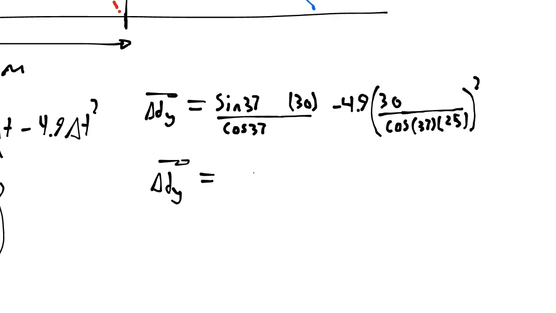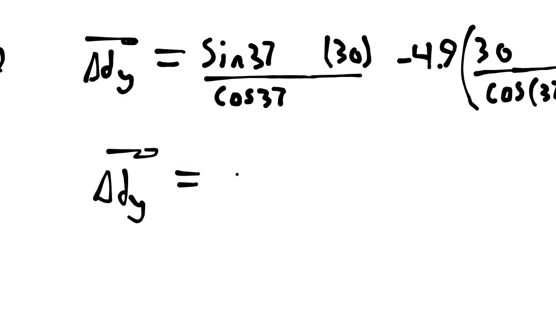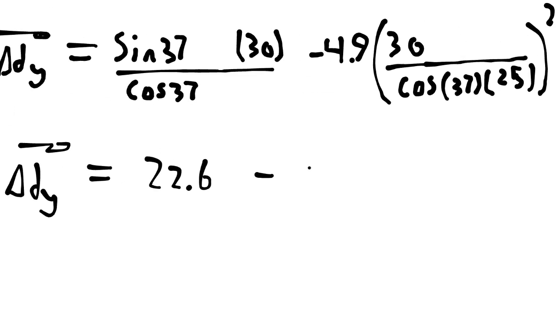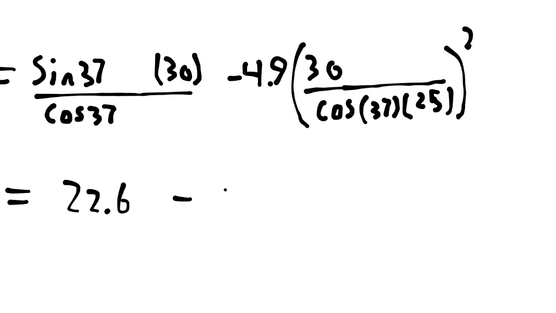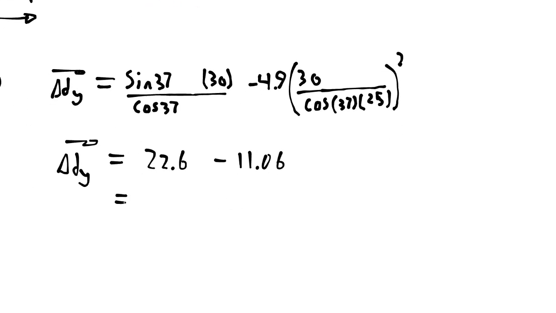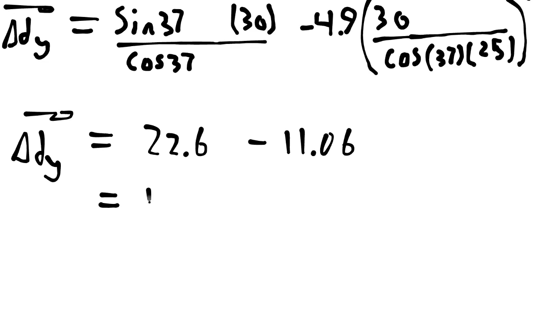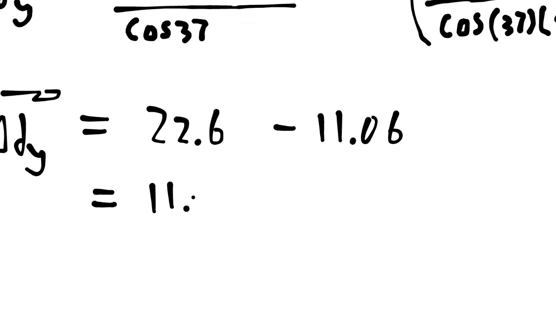You just put all these numbers into your calculator and you should get a number. I'll skip ahead to what that will look like. This is going to be 22.6 minus 11.06, which will equal 11.53 meters.